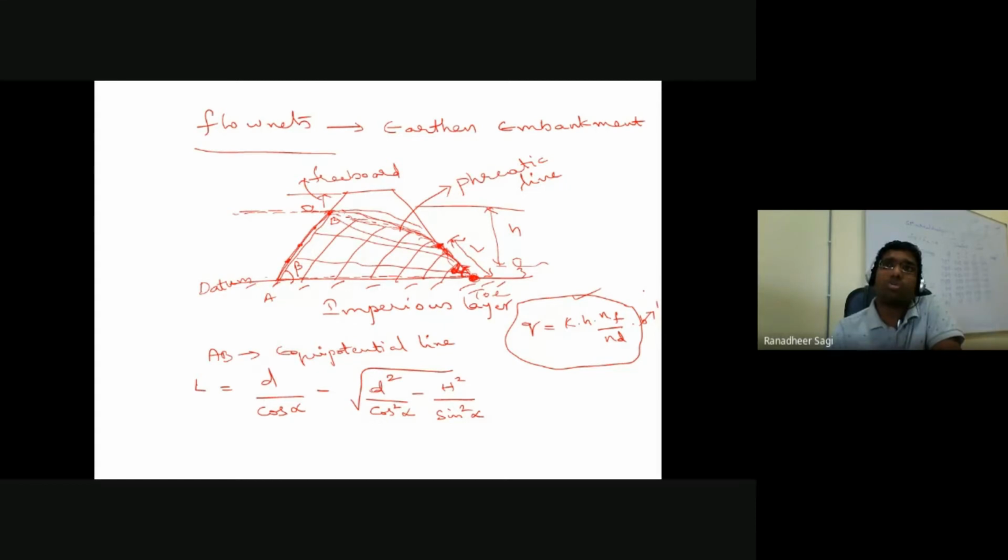To address those issues, we need to understand piping failure, which can also happen in an earthen embankment. Let's say I have an earthen embankment like this, and slowly water particles start moving from upstream to downstream.